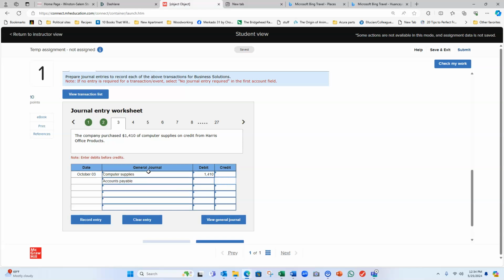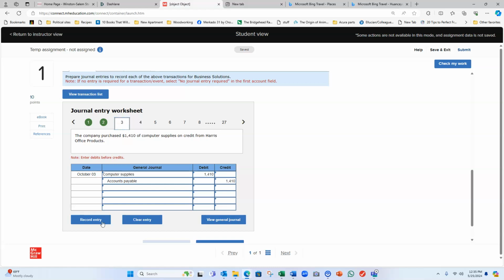Accounts payable is a liability. Liabilities are increased with credits. We increased assets on the left side of the equation, increased liabilities on the right side of the equation, and it balances. You notice that all my entries show the debits first, then the credits. And they also show that any account that's being credited, the title is being indented to the right a little bit.